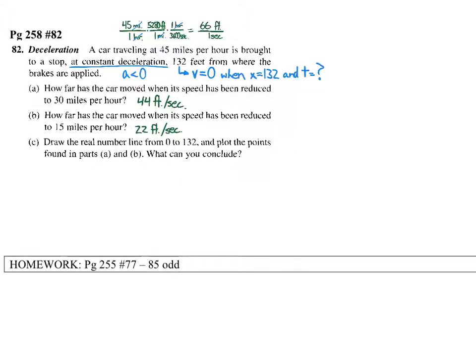However, we do know that at the beginning, v equals 66 feet per second when t equals 0, and also at this point x equals 0.